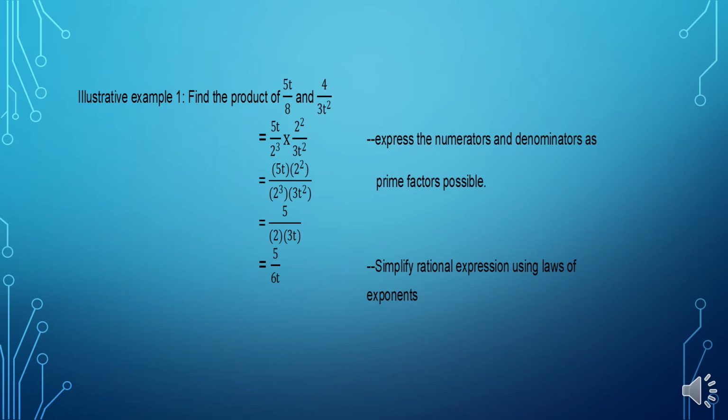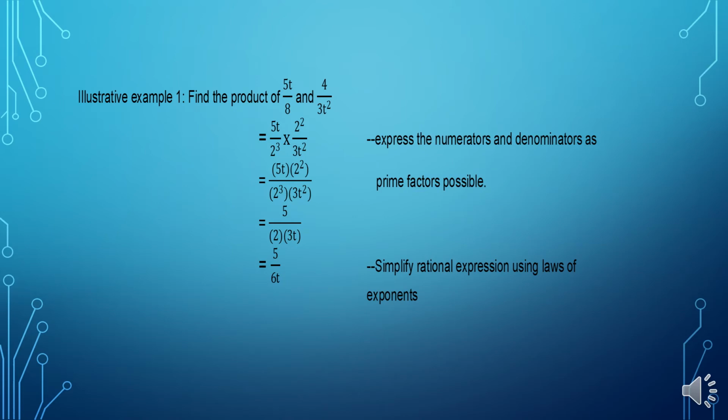So 5t over 2 raised to 3 times 2 raised to 2 over 3t squared. As we can observe, 8 becomes 2 raised to 3 and 4 becomes 2 raised to 2.